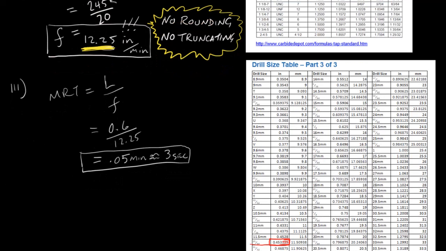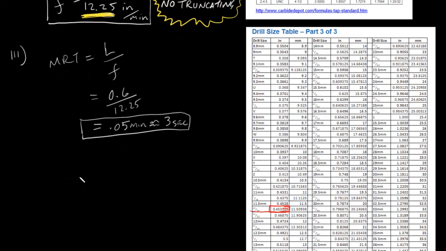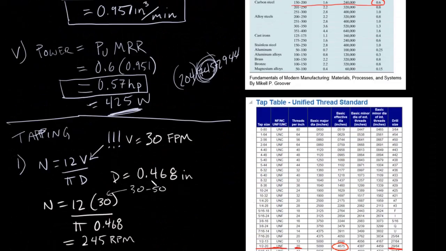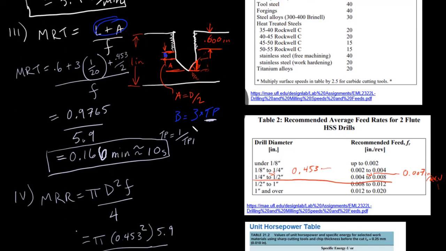So you may ask yourself why I didn't calculate the material removal rate and the power. My justification for that is that the threads are such a small portion of the material removed that there wouldn't be very many forces, and there isn't much material there, so I think it's quite negligible at this point.